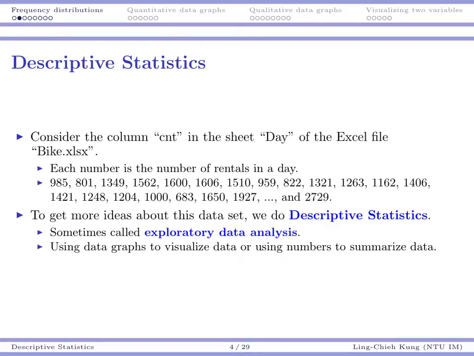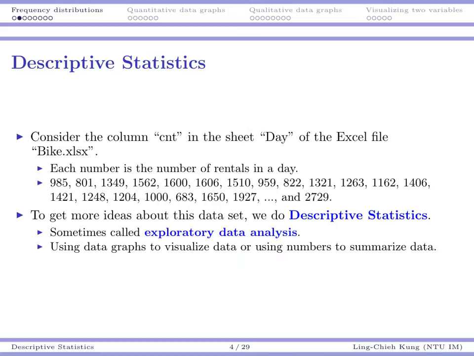If you take a look at it, it will be some numbers like 985, 801, 1349, and so on. There will be 731 numbers, and when you look at it, they just look like random numbers. You have no idea how they relate to each other and what they mean.